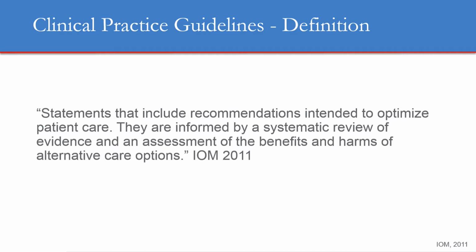This definition distinguishes clinical practice guidelines from expert opinions, consensus statements, practice policies, and appropriate use criteria. It emphasizes the fact that clinical practice guidelines are based on systematic identification and synthesis of the best available scientific evidence and takes into account both benefits and harms.